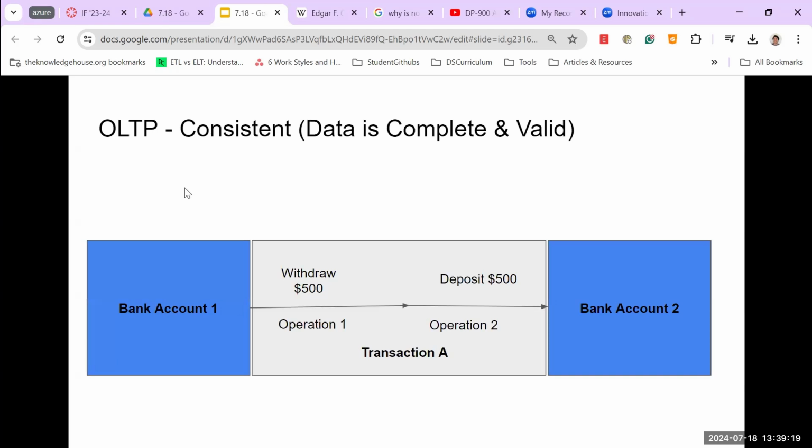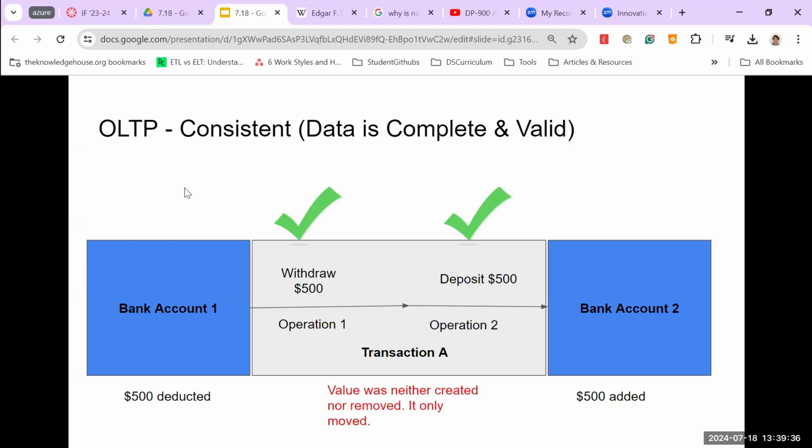Next up, everyone, we have consistency, which is pretty simple compared to the other example of atomicity. This basically says that data is valid and complete. Essentially, if a transaction fully executes, the status of the database stays valid.